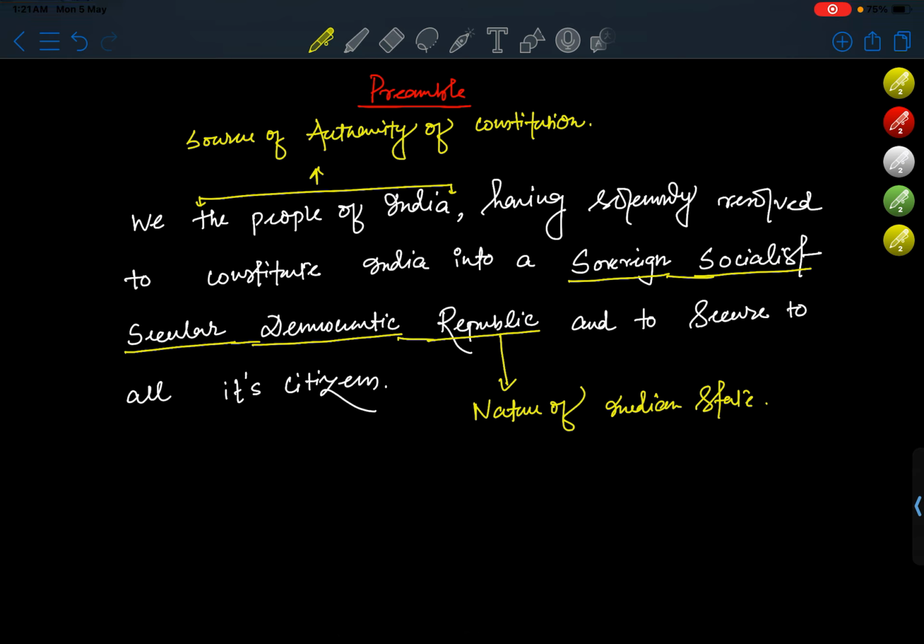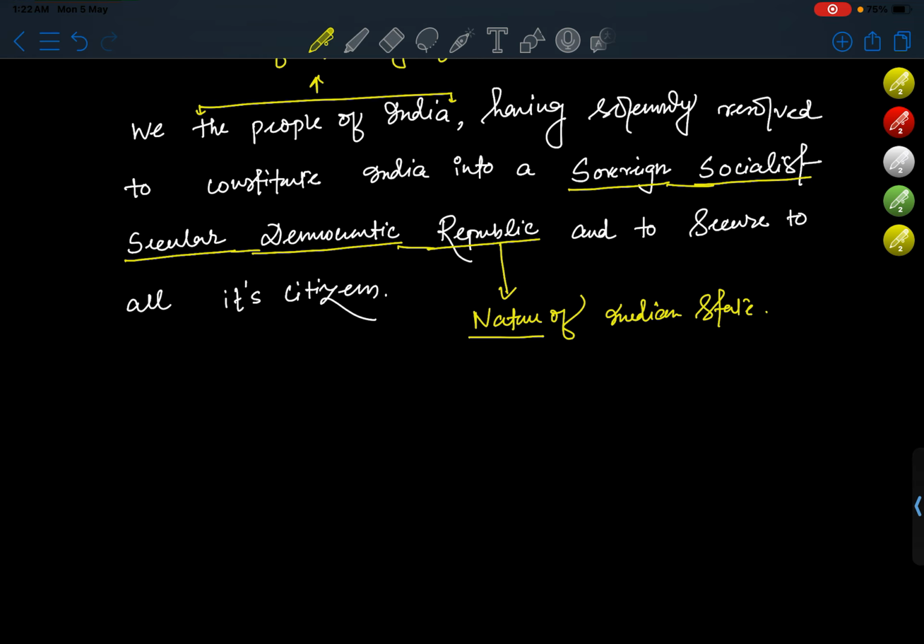It means how India is going to be, how India actually is. Here we have talked about different things. You should know the intrinsic meaning of these words.